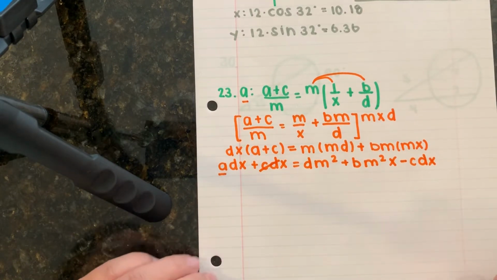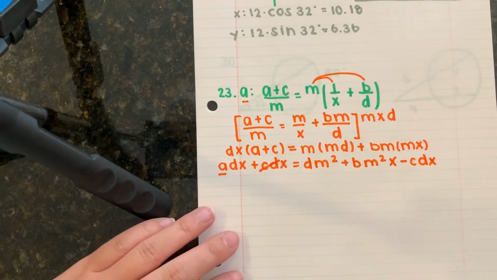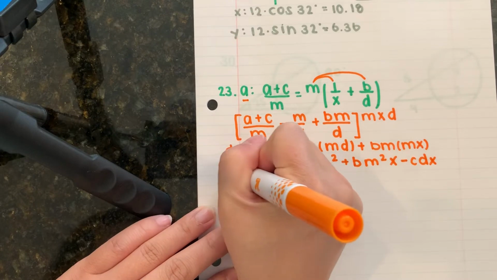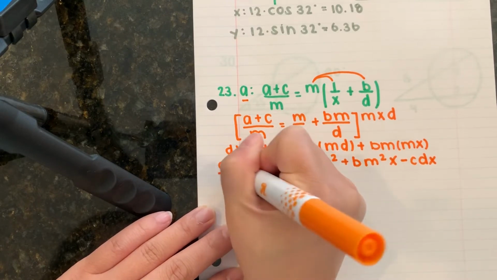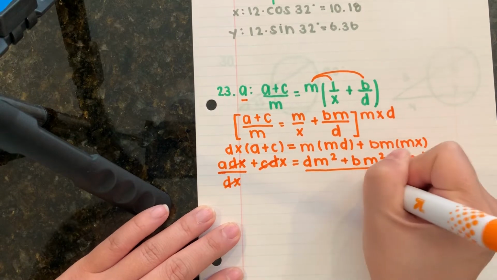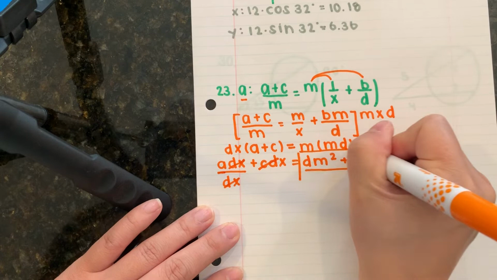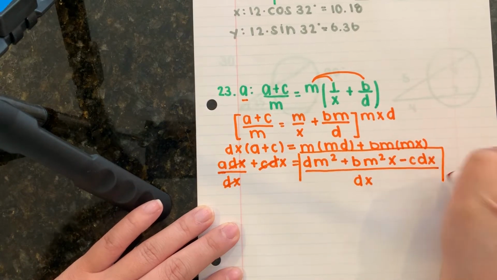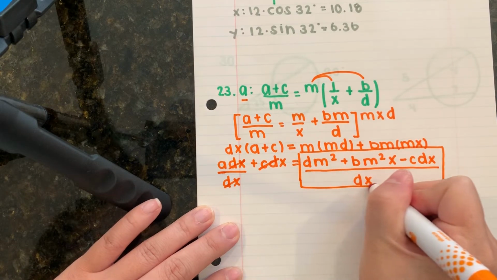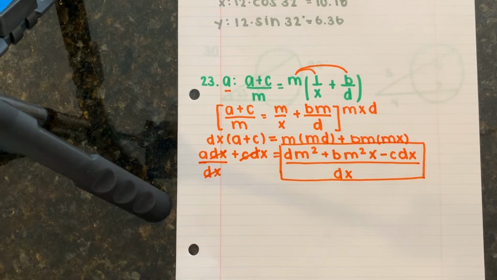Now to get a by itself, I'm going to divide this whole thing by dx. Which means that a is going to be equal to dm squared plus bm squared x minus c dx all over dx. And that would be your answer.